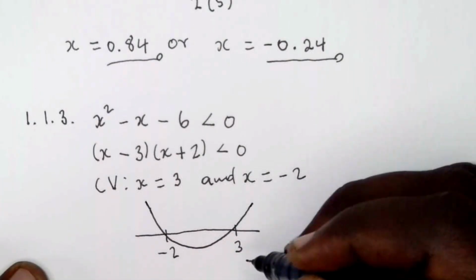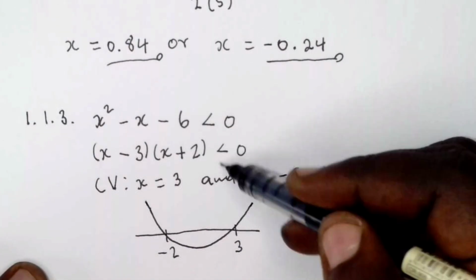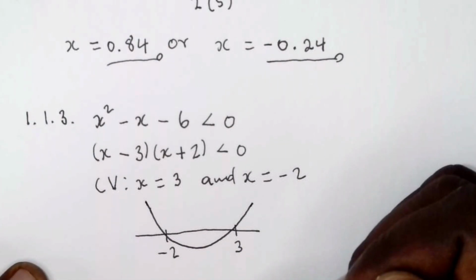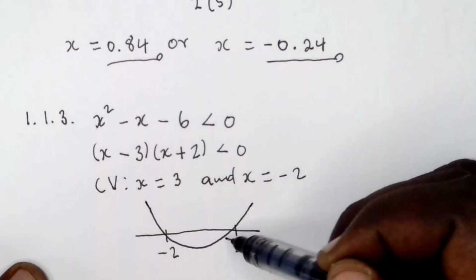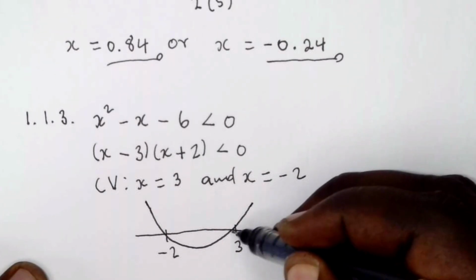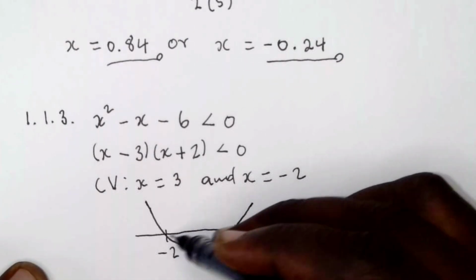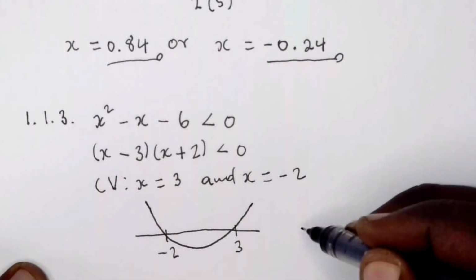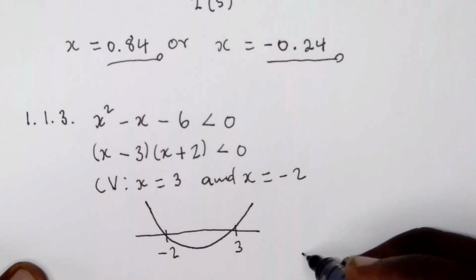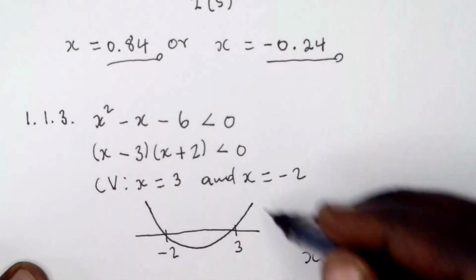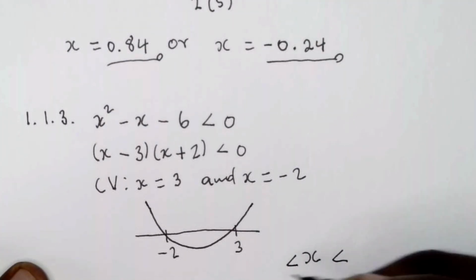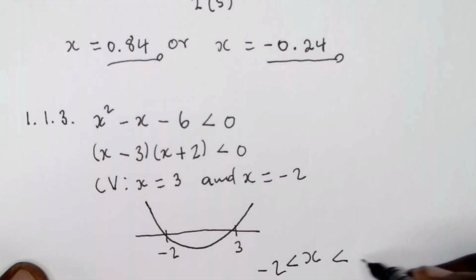So now from here you can tell this one says less than 0, so it's here between 3 and -2, or -2 and 3. Our x is here. All right, so in other words, how to finalize this one? I normally do it like this. You write your x, write this sign, and then you put the smallest number this side, you put the biggest number this side, and then you are done.